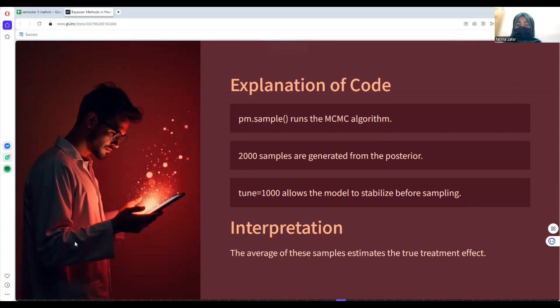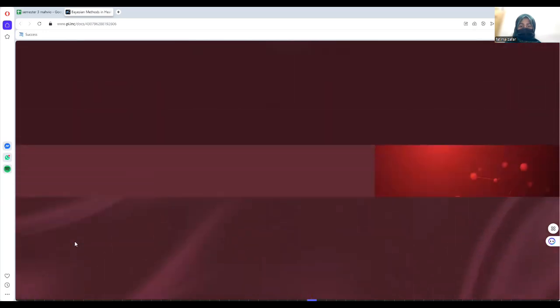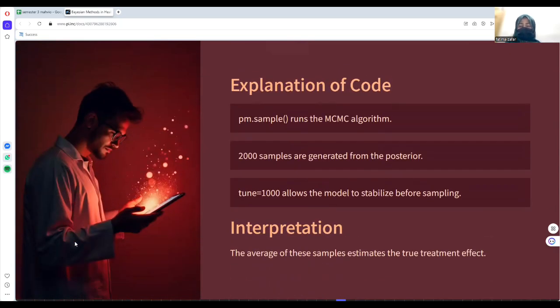Tune equals 1000 allows the model to stabilize before sampling.